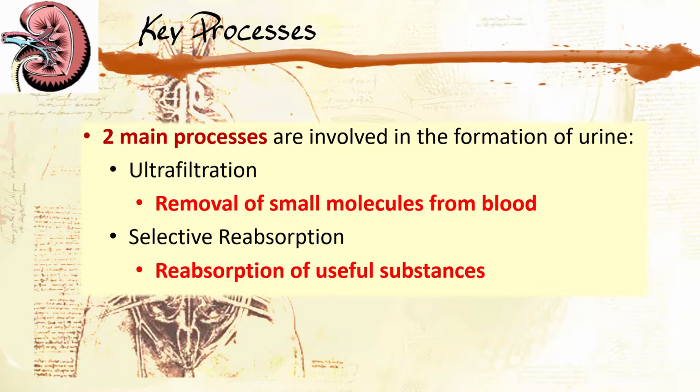The word selective itself means that the body is selecting what to be absorbed back. This is largely thanks to the membrane channels present inside the site of selective reabsorption, which is our convoluted tubules as well as loop of Henle. Another important process that allows us to select what to absorb is active transport. This process requires energy.